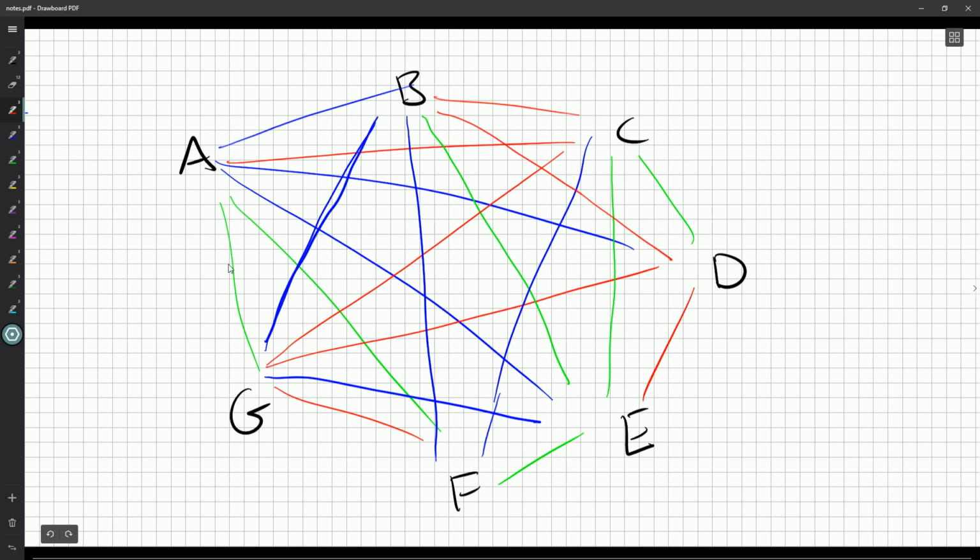And then we just need D to F. It can't be red because of GFD. Can it be blue? Yeah, it looks like it could be blue. Okay, so there's, I guess, an example of something that's completed.